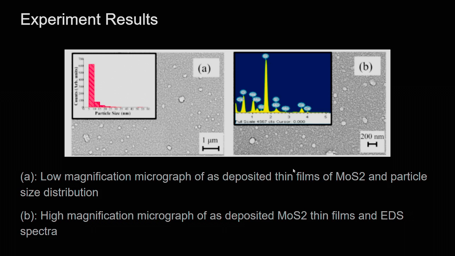On the right is a high magnification of the MoS2 thin films and an EDS spectra. This data was used to further analyze the thin films in a different way, which I will not be getting into for this presentation. I'm just presenting a brief representation of what an experimental process of a thin film would be.